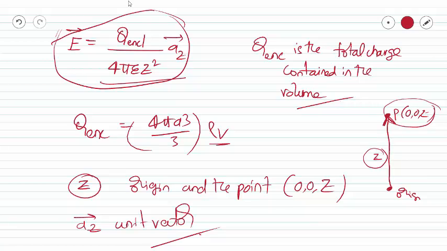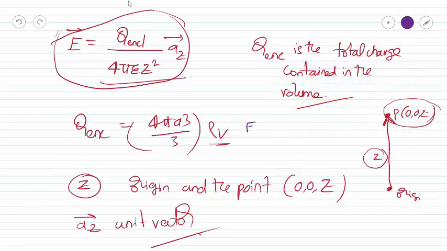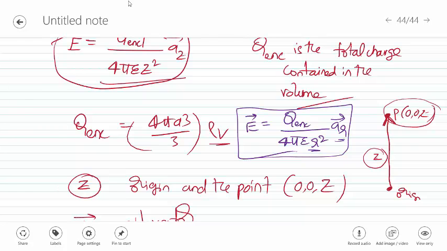So in general, we can write this expression as E bar is equal to q enclosed by 4 pi epsilon r square a r bar. Here q enclosed is the charge in the volume, r is the magnitude of the position vector of the point of interest, and a r bar is the unit vector of the position vector. These are the important things to remember. With this we completed the electric field intensity due to volume charge distribution.